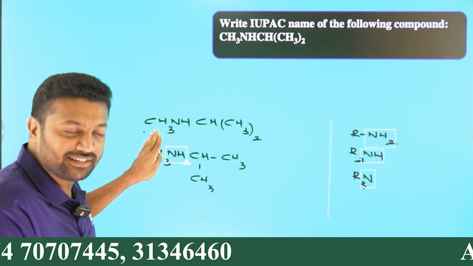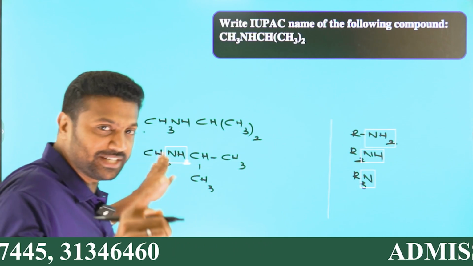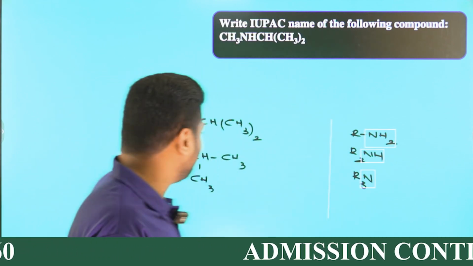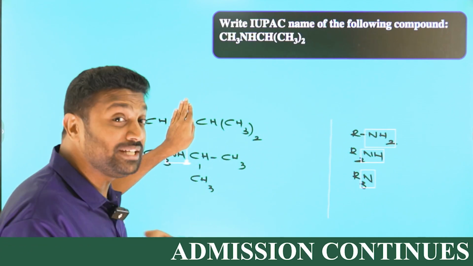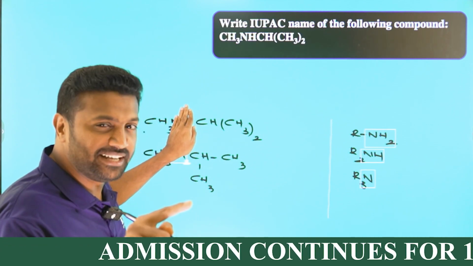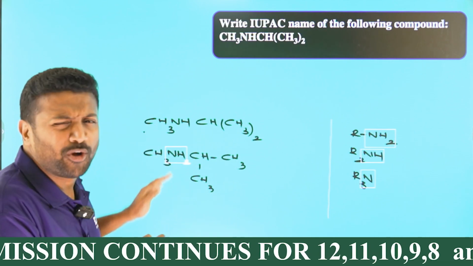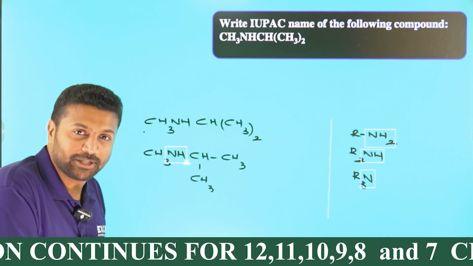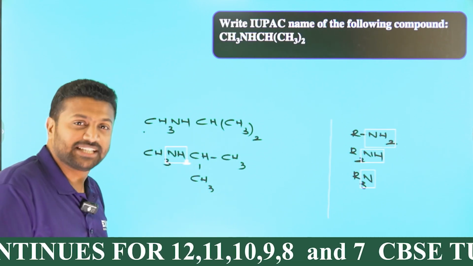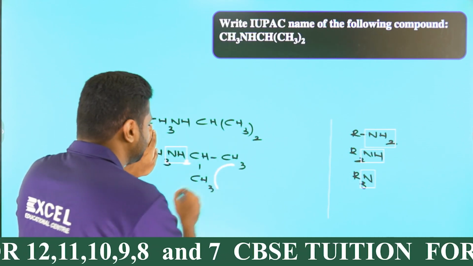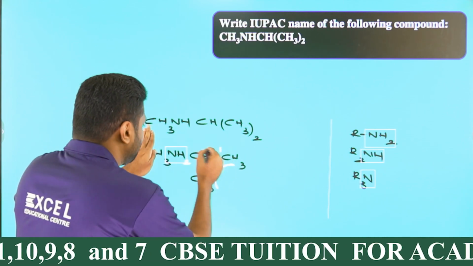Give the name as such. Rule number 1: choose whether it is primary, secondary, or tertiary. Since NH means my molecule is secondary, mask one lower alkyl portion. Here the lower one contains 1 carbon. Calling this NH as NH2, give a name as such. Here the long chain contains 3 carbons, and the second carbon has the amine.